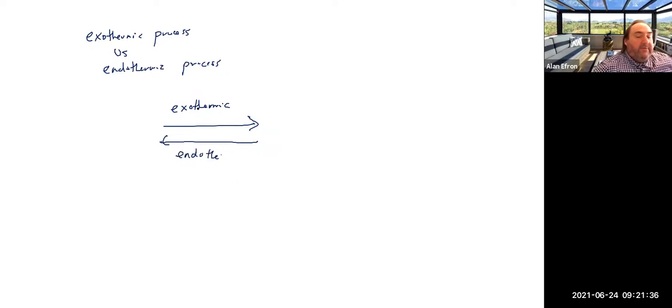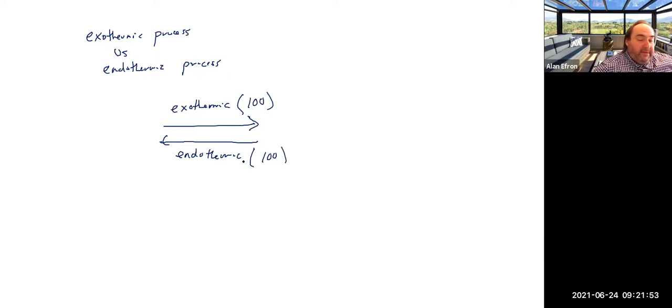Because there's a conservation of energy, what that really means is the amount of energy required to go the exothermic way, we'll just call it 100, is the same amount of energy that's required to go the opposite way, really undo it, if you will.